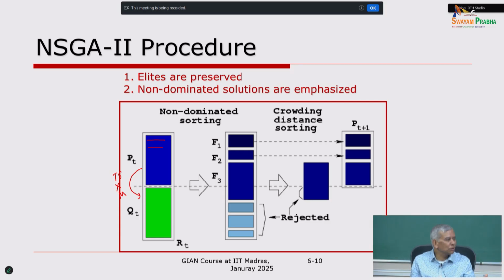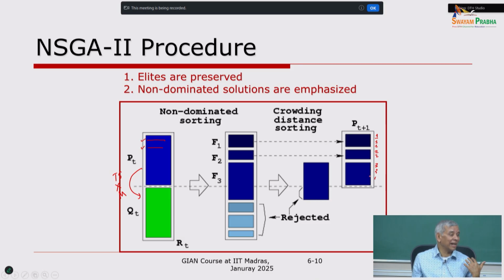Here, how do I do tournament selection? When I do tournament selection here to get this, I need some kind of a way of saying this is better than that, right? So every member here is coming from the previous generation, so they are already classified as belonging to class 1, class 2 or class 3.